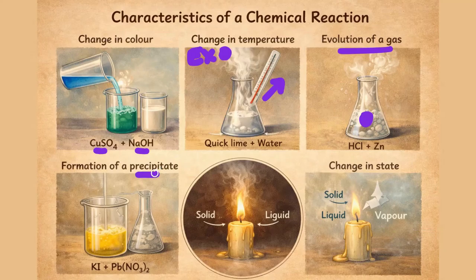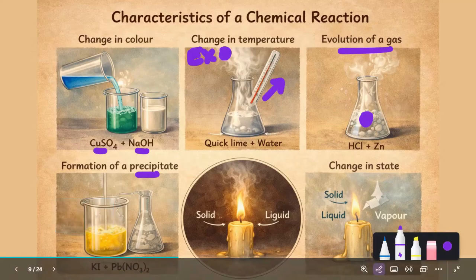Such substances are called precipitates. For example, here you can see KI, potassium iodide, reacting with lead nitrate, Pb(NO3)2, and they are forming a precipitate.